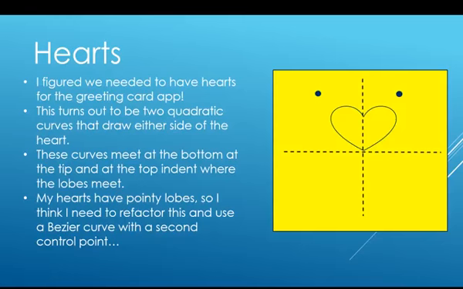And the way this works is we're going to use 2 quadratic curves to draw either side of the heart. And so these curves are going to meet here at the bottom tip, and the other point will be right up here between the 2 lobes. And so you can see that the control point is here, and they're symmetrical.